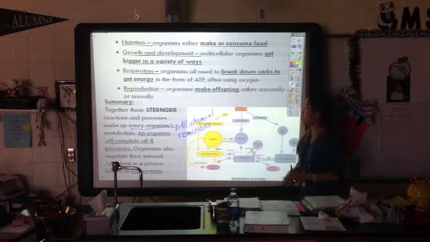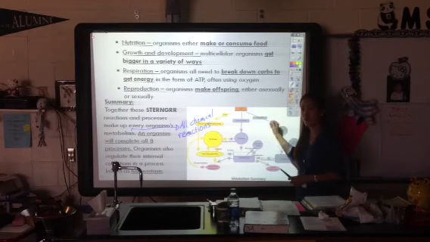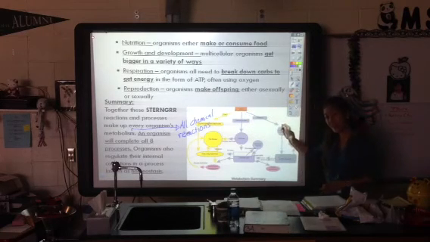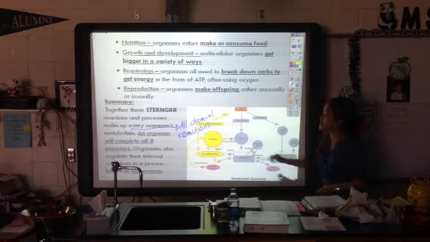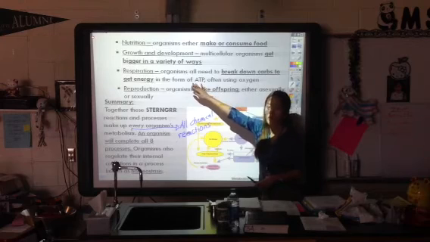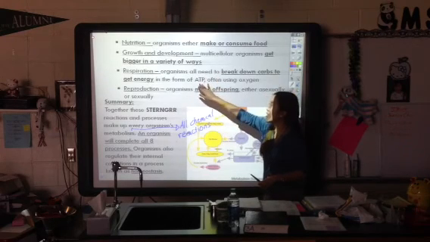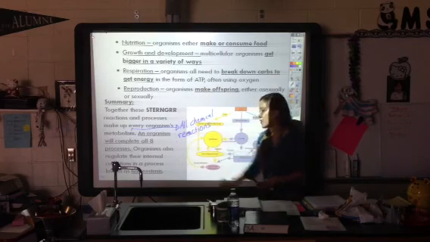That could be breaking down proteins you ate into those amino acids and then putting them back together as proteins you need. And that's also going to be part of respiration, getting that energy you need in the form of ATP. Okay, so those are all of your chemical reactions.